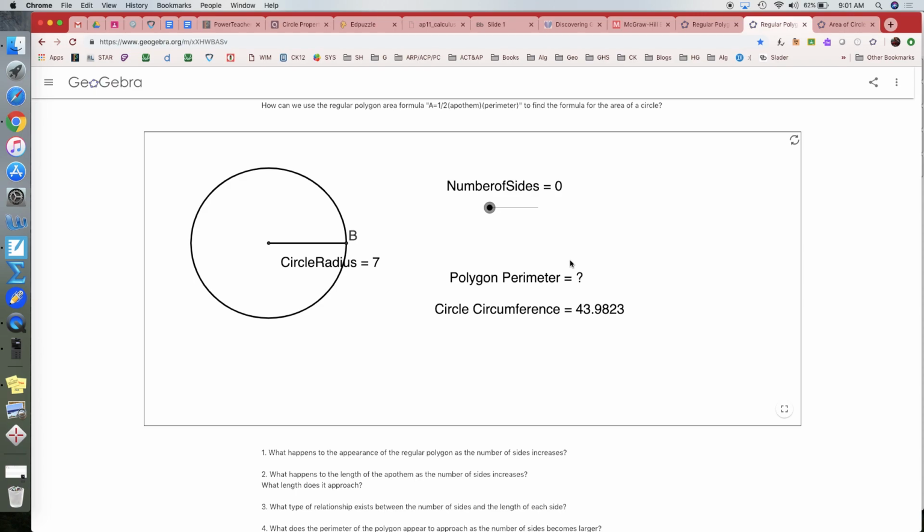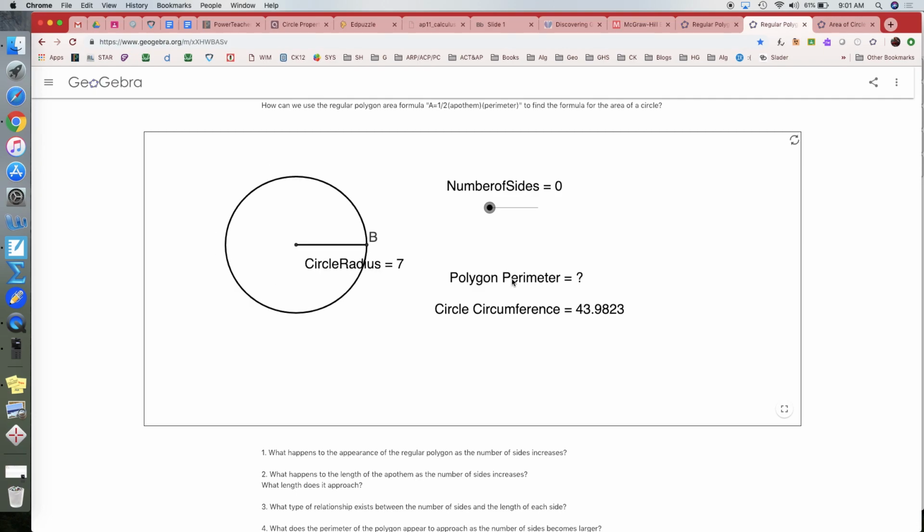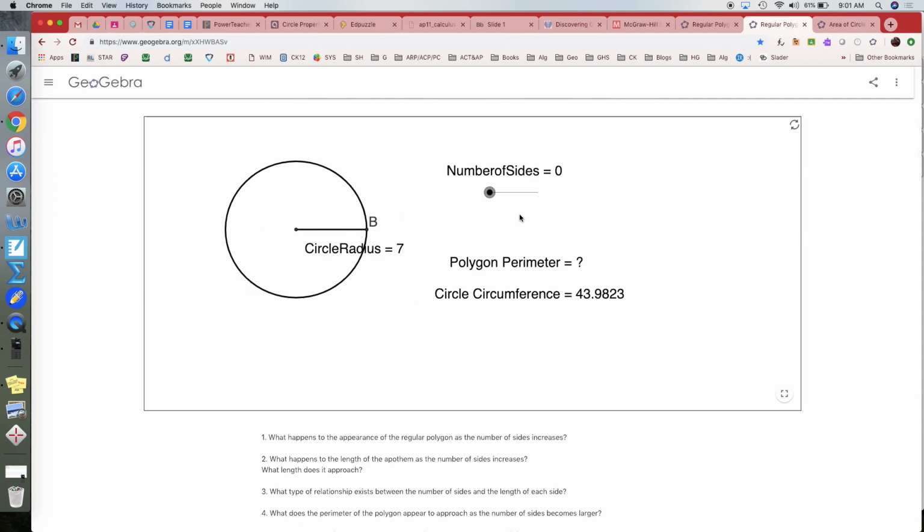Well, in a circle, if we think about could we fit a polygon inside of it and try to make a regular polygon kind of take up all of its area instead, I'm going to first put in a 3-sided or a triangle into the center of the circle, and clearly the triangle does not have the same area as the circle. Its apothem is 3.5, the circle's radius is 7. It's not anywhere near the area we're looking for the circle. But as I put in more sides, what I'm hoping you're noticing is that apothem and that circle radius are getting closer to each other in length.